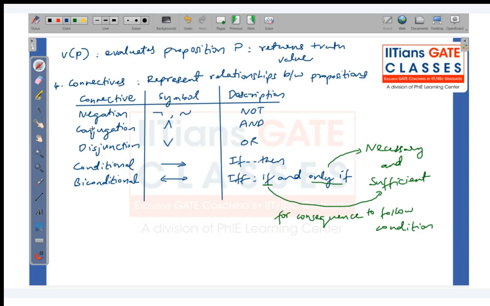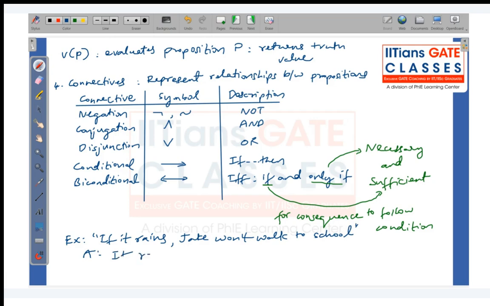So for conditional, let me give an example. If it rains, Jeep won't walk to school. So I split this into two propositions.